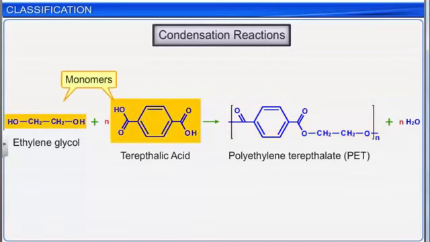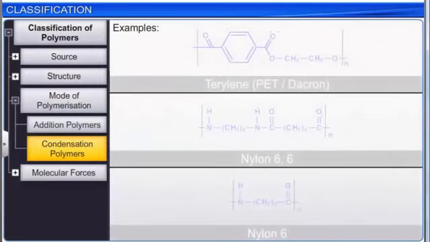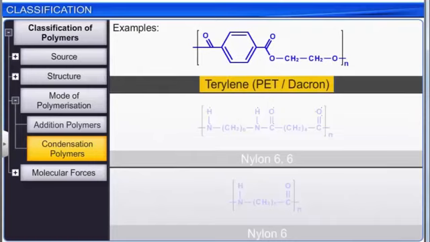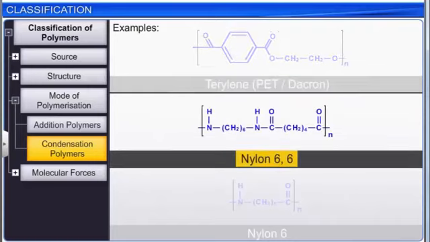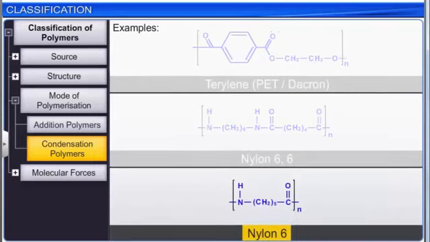When two different monomers link together, a water molecule is eliminated. Important examples of condensation polymers are terylene, also known as PET, or Dacron, nylon 6, and nylon 6,6.